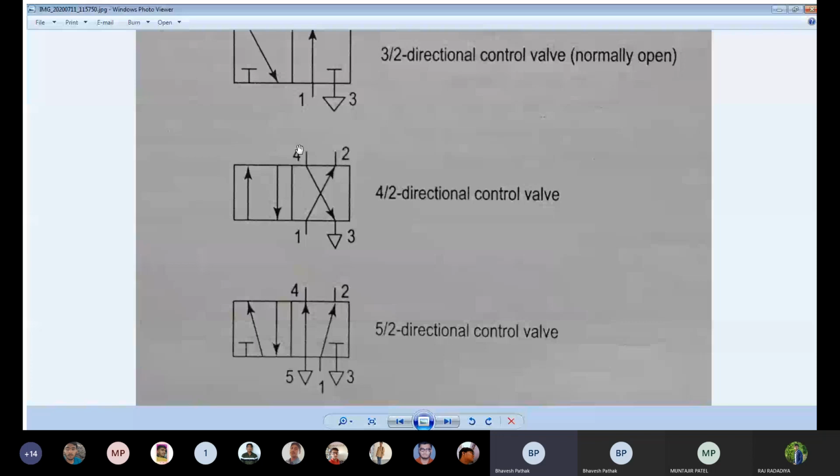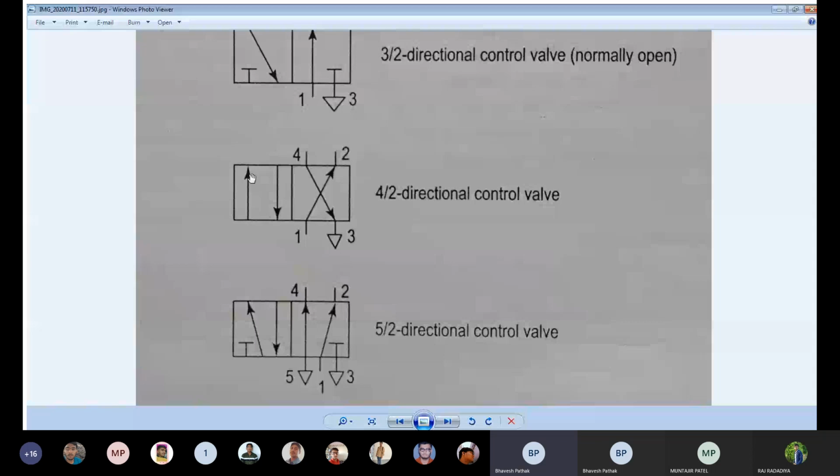This line shows the 1 to 4 connection, and 2 will be connected to 3. This line shows the actuated position and this shows the normal position.